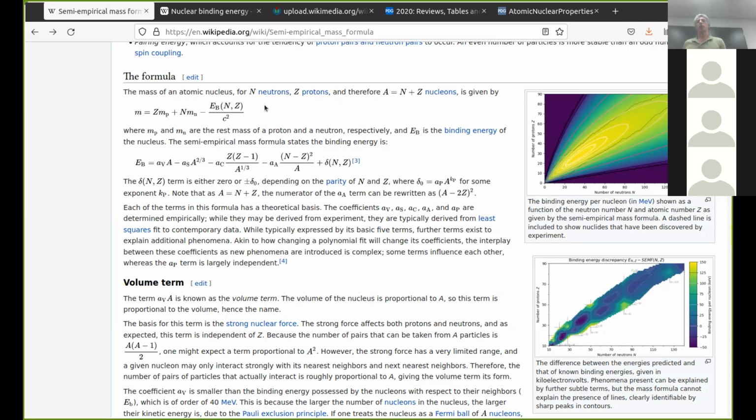So think about the Earth in the gravitational potential of the sun. It's a bound system. The Earth is bound to the sun. And if you wanted to take the Earth away and move it out to infinity, away from the sun, you would need to provide energy, right?